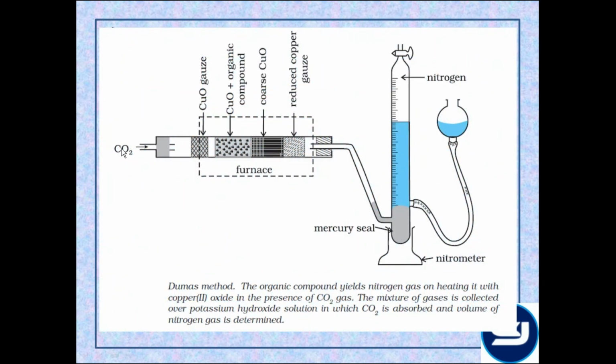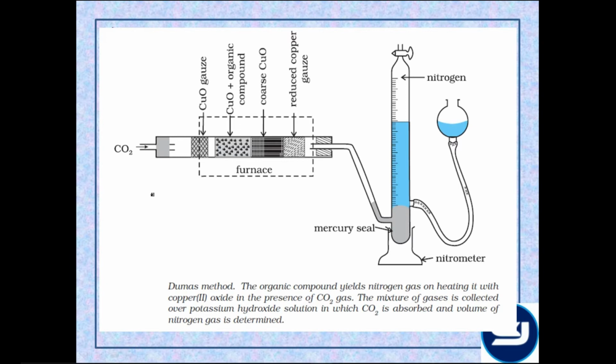So in Dumas method, the carbon dioxide gas is passed through a series of copper oxide gauze. This copper oxide gauze allows the high temperature to be maintained. So the CO2 gas is passed through first the copper oxide gauze, then it is further heated with copper oxide along with the organic compound to be tested, in which the nitrogen is to be estimated.